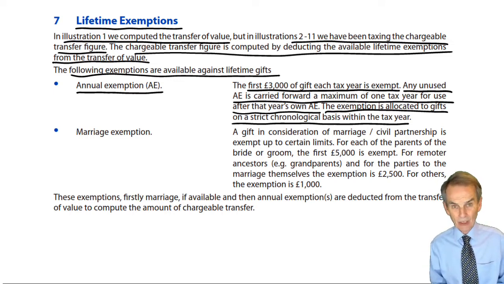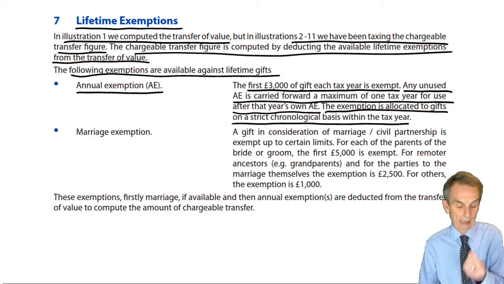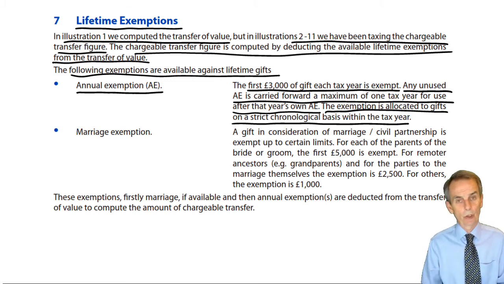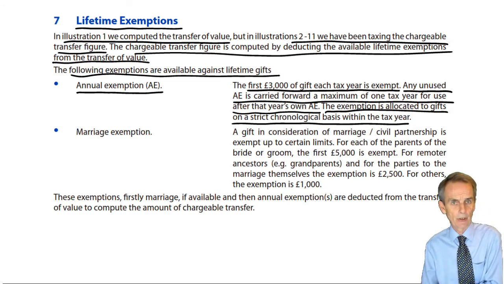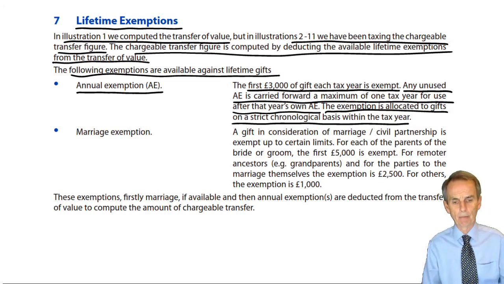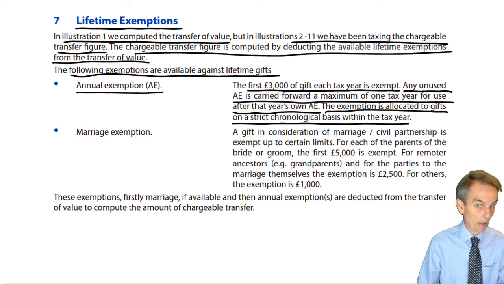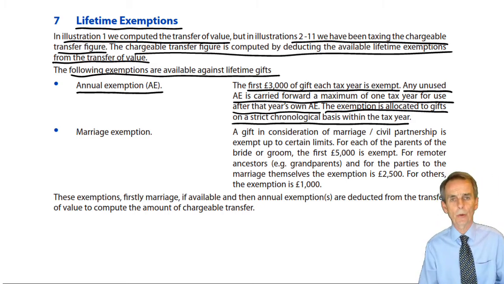But if any amount is unused for the year, for example, if we have the June 2020 PET but that was the only transfer made in that year, we'd have used £2,000 out of £3,000, and we'd have an unused annual exemption of £1,000 to carry forward for use in the next tax year. It's carried forward from 2020-21 to 21-22.